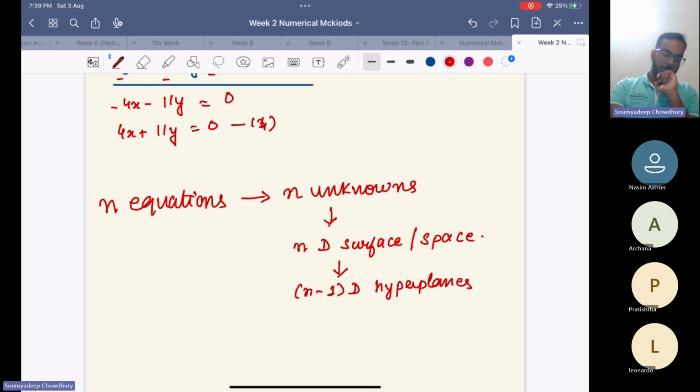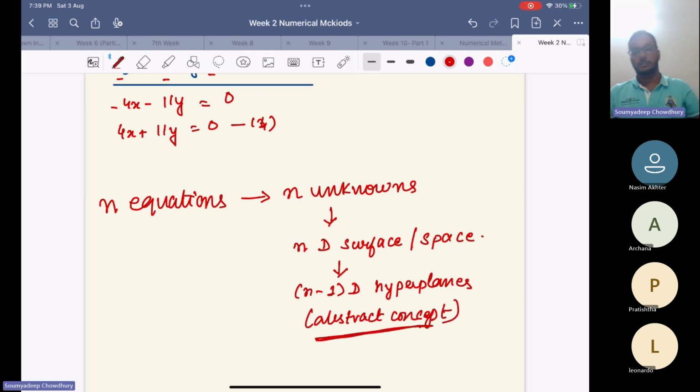So this concept of hyperplanes starts from three equations or four equations rather, where we cannot imagine. We have three equations, three unknowns, and we have a 2D plane. A plane is basically in 3 dimensions, but we call it a 2D plane. When we have four equations, if we try to draw it, it is basically a 3D hyperplane. This concept of hyperplanes is an abstract concept. Just remember this term. I think Sir has also explained the concept of hyperplanes in his lectures.